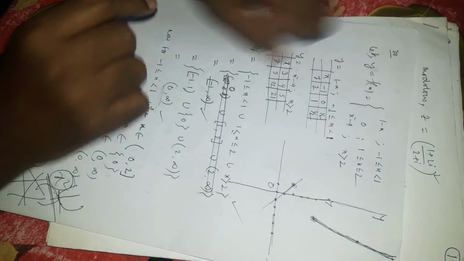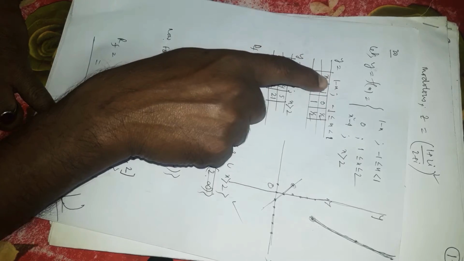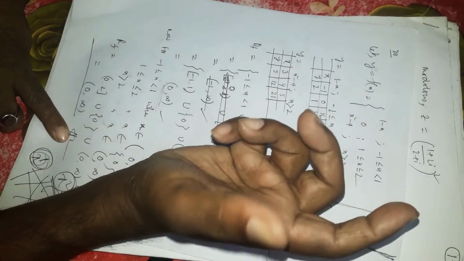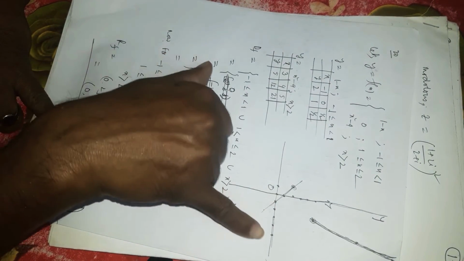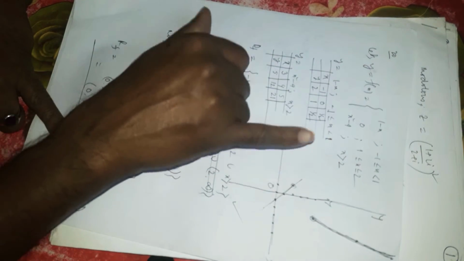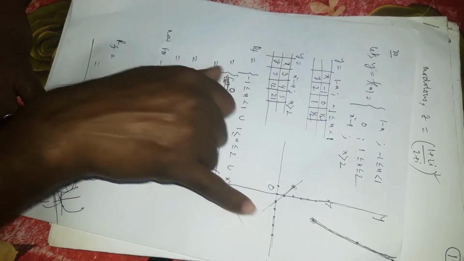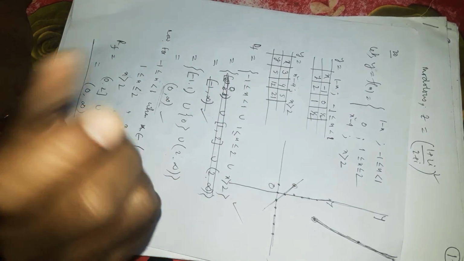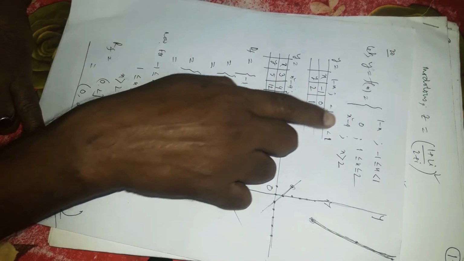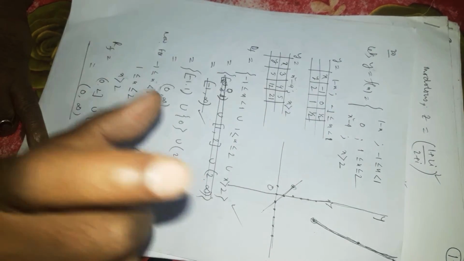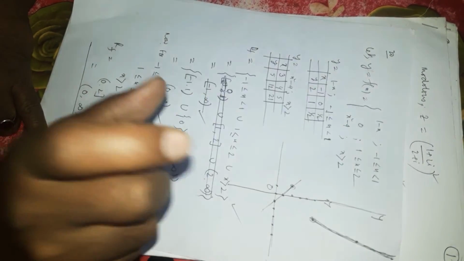First of all, y equal to 1 minus x, minus 1 is plus 1. y equal to 0 is on the x-axis, y equal to 0 means on the x-axis. And y equal to x square minus 4 is the curve. That is the main point. You have to clear y equal to x square minus 4 is a curve, y equal to 1 minus x is a line.